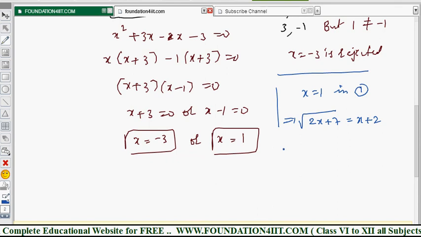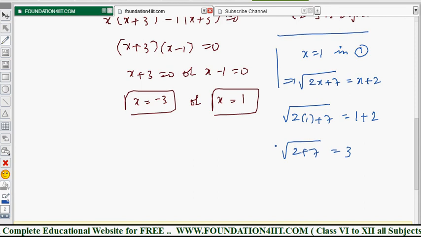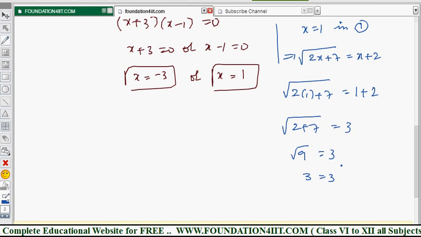Square root of 2 into 1 plus 7 is equal to 1 plus 2. Square root of 2 plus 7 is root 9, which is 3. So 3 is equal to 3. Right? LHS is equal to RHS. So x is equal to 1 satisfies equation 1.